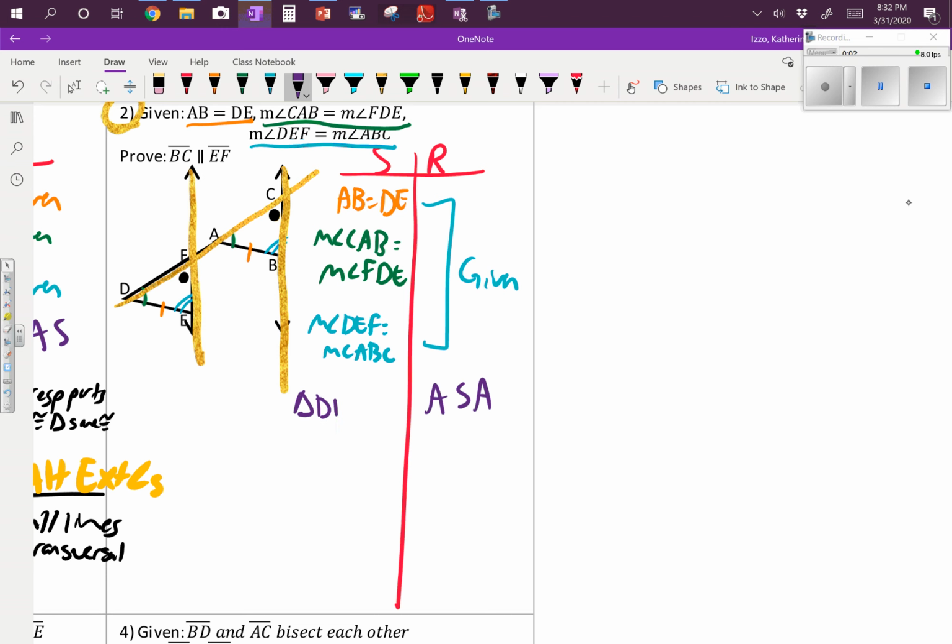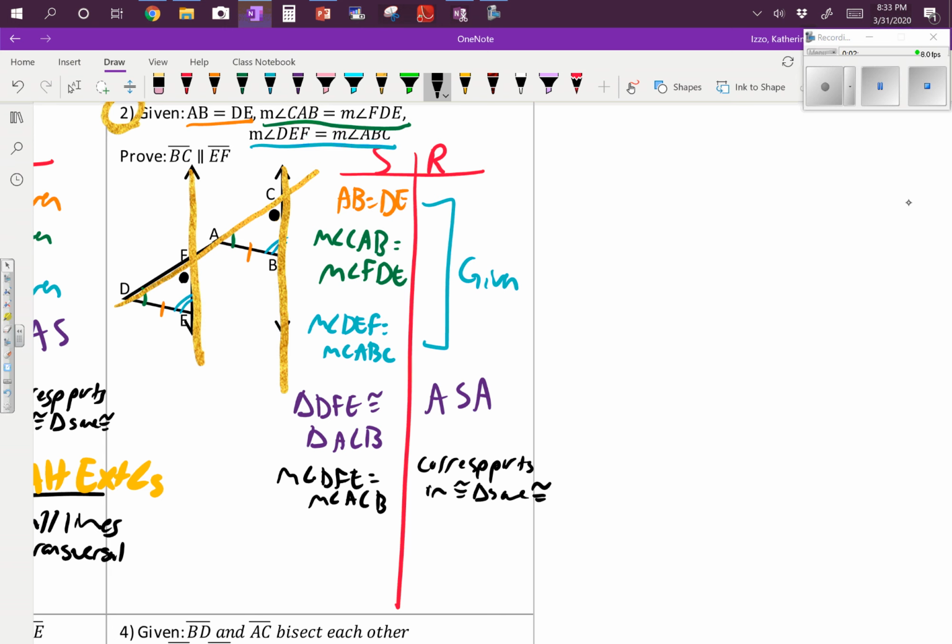We can do DFE is congruent to triangle ACB. DFE would be green, black, blue. At that point, I can say measure angle DFE is equal to measure angle ACB because corresponding parts in congruent triangles are congruent.